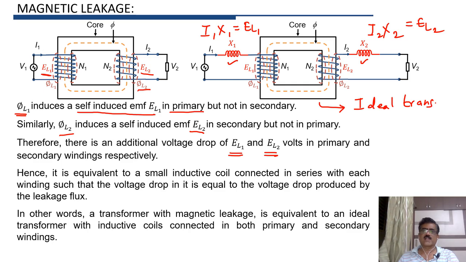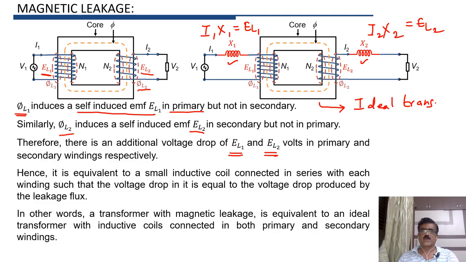Why is it an ideal transformer? Because whatever the effect of leakage flux, means the effect of EL1 and EL2, it is represented by external reactances X1 and X2.